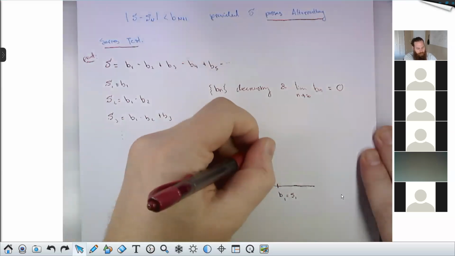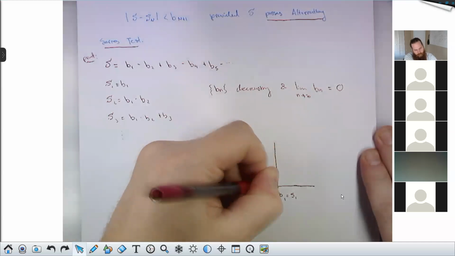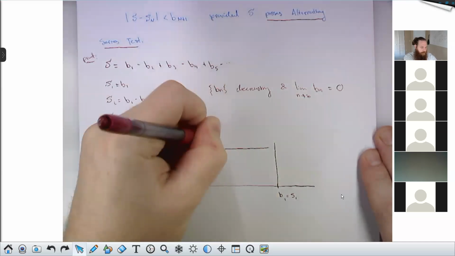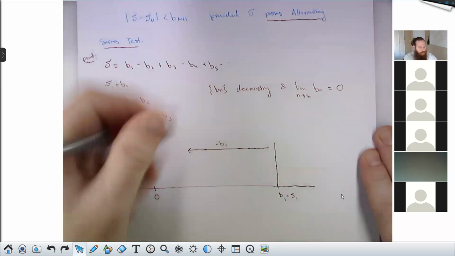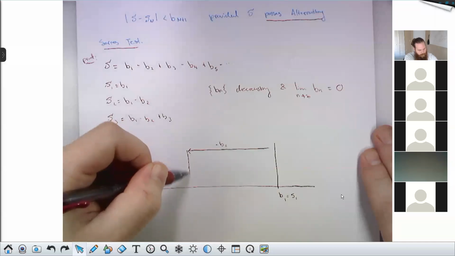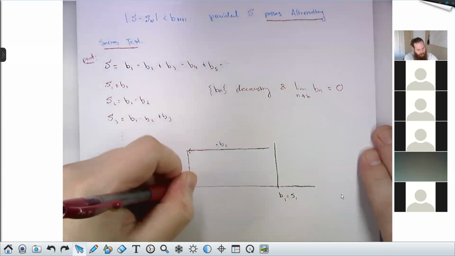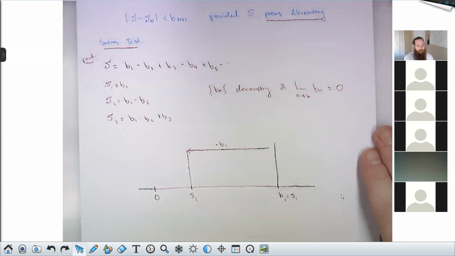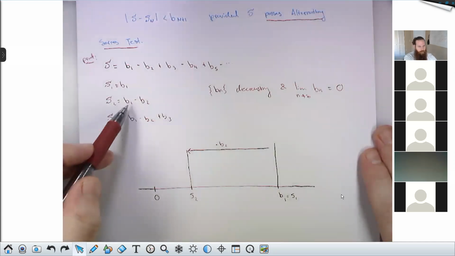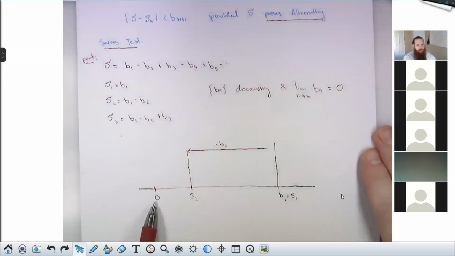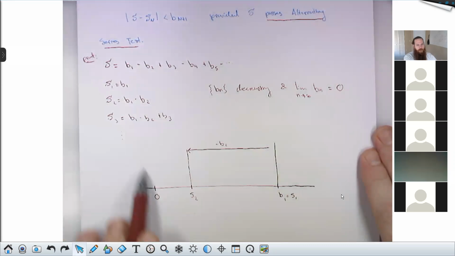We're subtracting B2 to get from S1 over here to S2. Because S2 is B1 minus B2. And I know that I'm not going to go past 0 over into this space. Why?